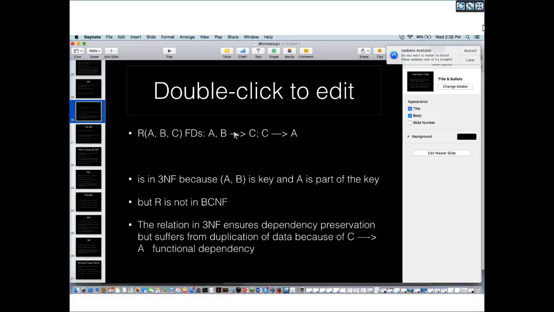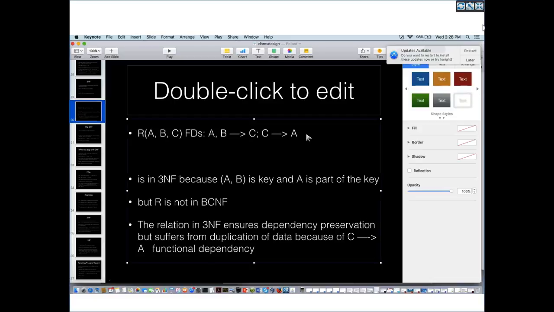AB is determining C. So there is no other non-prime attribute that is transitively dependent on AB. So AB is the key, and it is in 3NF.